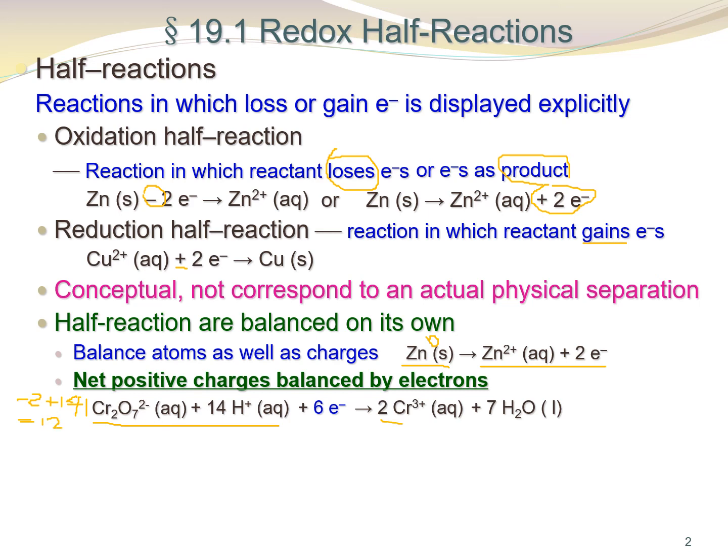If we look at the right-hand side, we have 2 times plus 3. And of course, the water is a neutral species, it doesn't carry any charge, so it should be 0. So 2 times plus 3 is equal to plus 6.